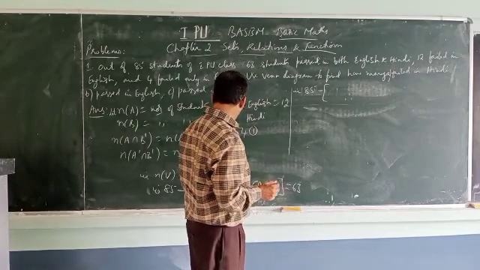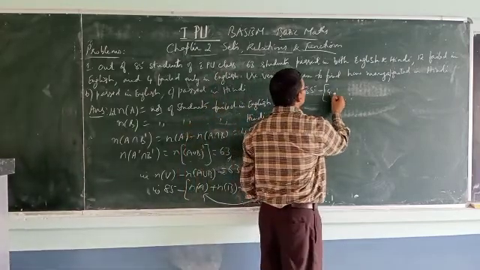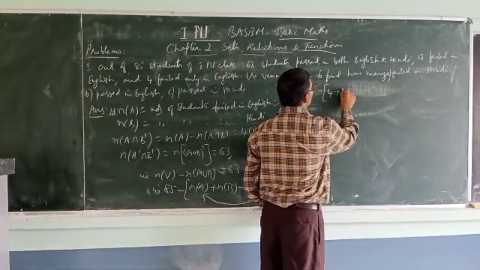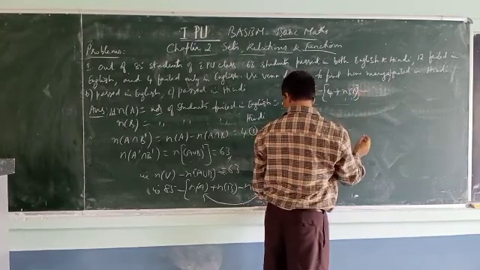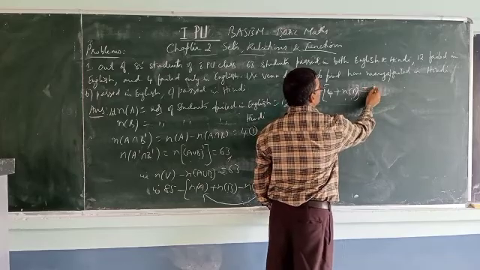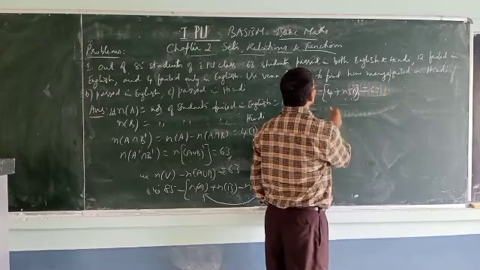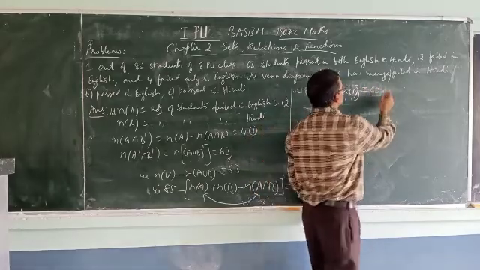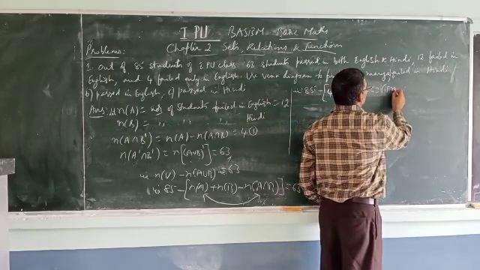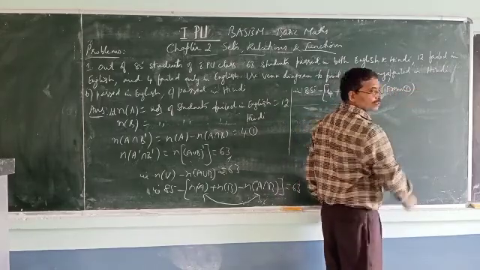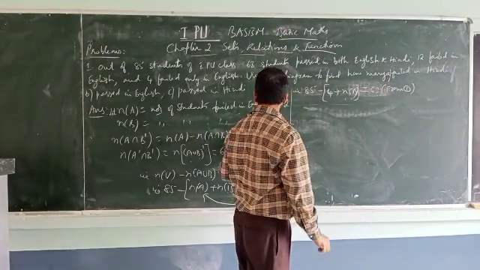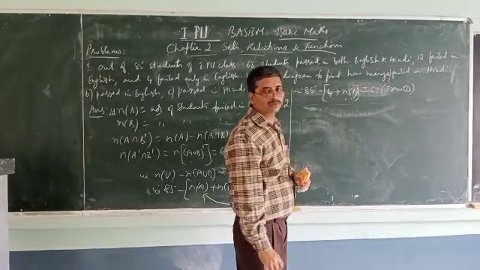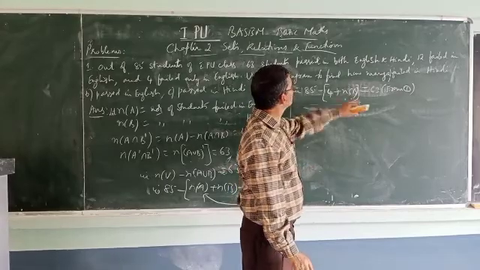So 85 minus 63 equals 4 plus N of B. This is known, from 1. Using 1, because N of A minus N of A intersection B is 4, I am applying it here as 4 plus N of B. So simplify.